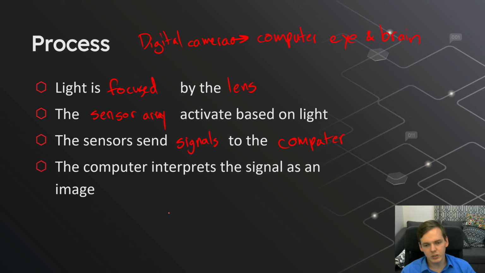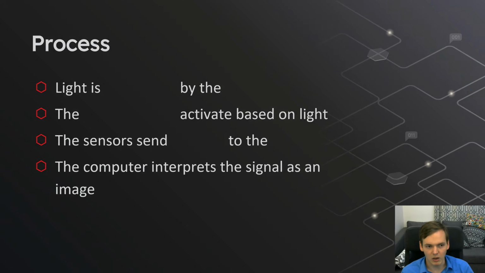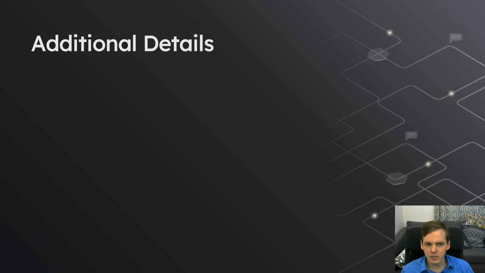And then that computer interprets those signals as an image. So it's the exact same process as in the human, but instead of biological components, we've engineered components to model it.